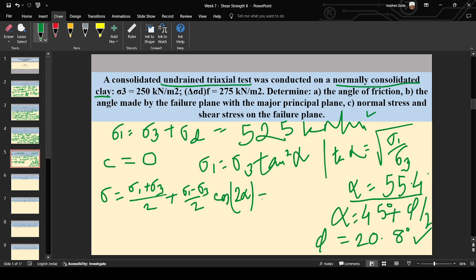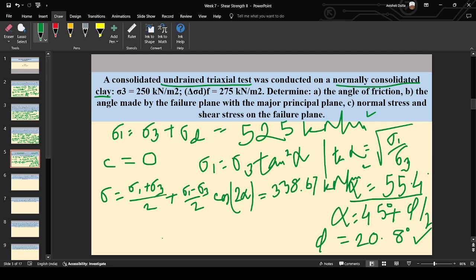Putting all the values of alpha, sigma 1 and sigma 3, we get approximately 338.67 kilonewton per meter square.